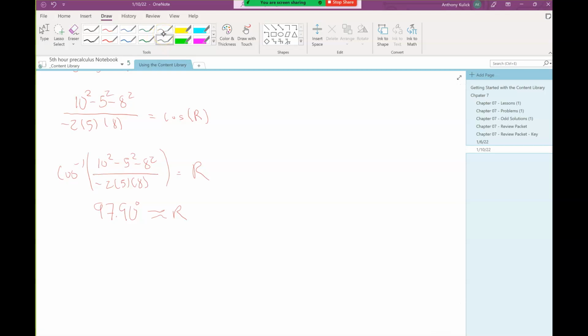Now, I'm going to use the law of sines to find either angle P or angle Q. Which one do I want to find? The smaller one, right? Just like before.